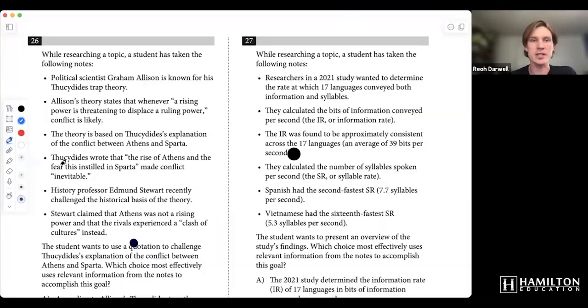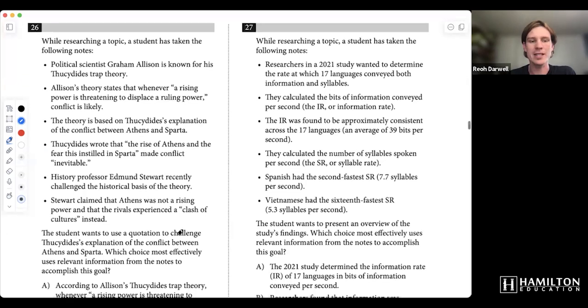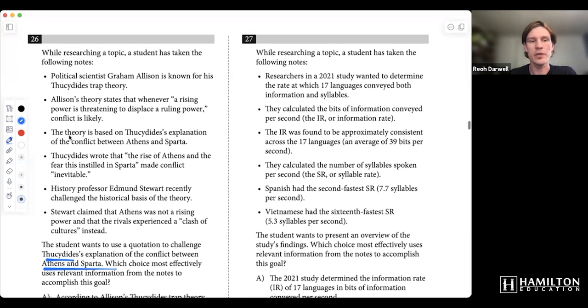All right, so for 26, a tricky word rhetorical synthesis question. We are asked to challenge Thucydides' explanation for the conflict between Athens and Sparta, right? So there's a theory that a rising power threatening to displace a ruling power causes conflict, and it is based off of the conflict between Athens and Sparta.